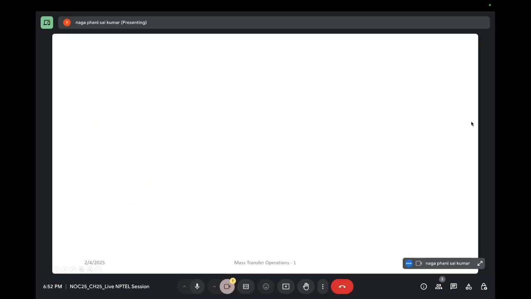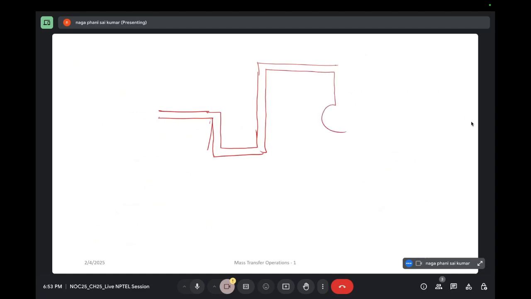Okay, let's try to solve one problem before going on to the next concept. So we have a pipeline connection. Okay, this is a bulb, and here we have another bulb.